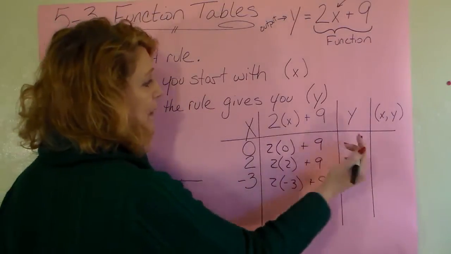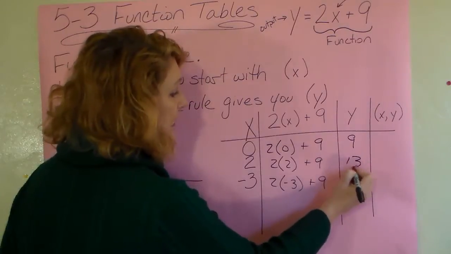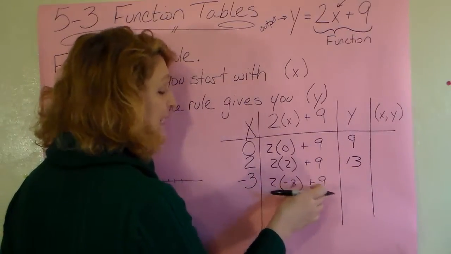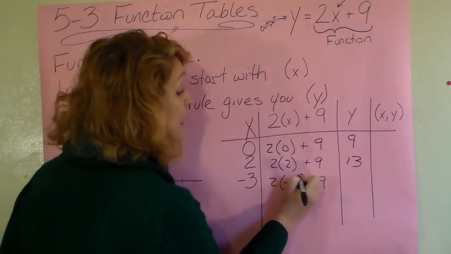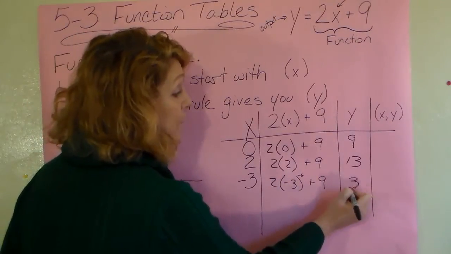2 times 0 is 0, plus 9 is 9. 2 times 2 is 4, 4 plus 9 is 13. 2 times negative 3 is negative 6. With negatives, I might even want to write the negative 6 so I can see it, plus 9 is 3.